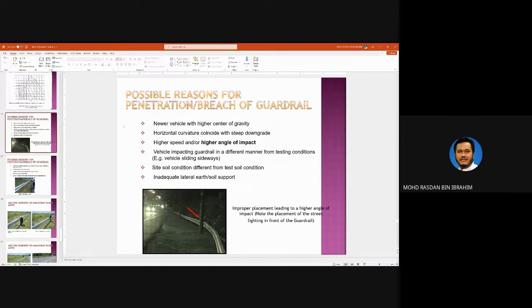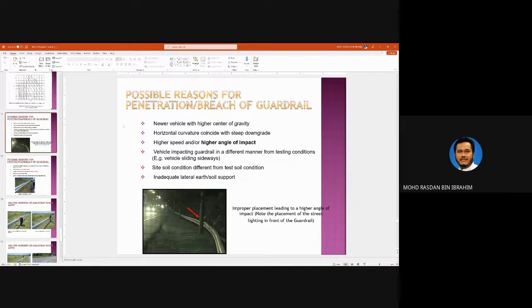But nowadays there is a significant amount of SUVs. As you can see, an SUV is higher than a normal car. So the behavior when an SUV hits a guardrail will be different compared to a car. The center of gravity is going to be different. So that is one possible reason.